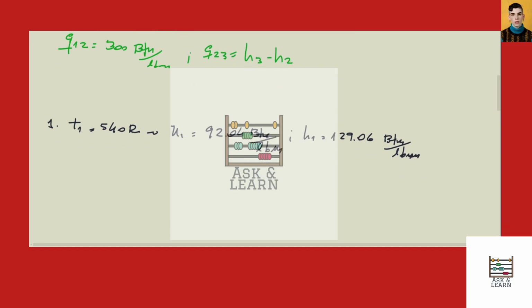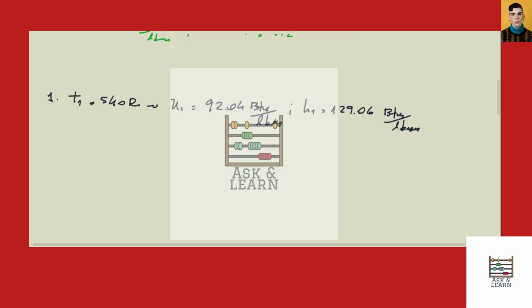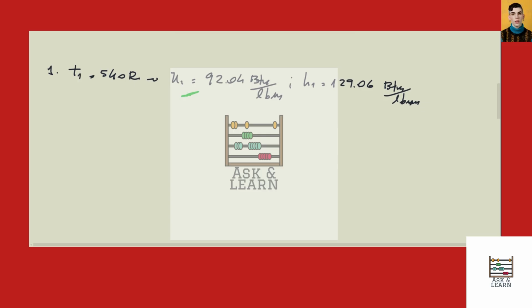Okay, what do we need actually? Well, if we have the internal energy of point 1, we can find the internal energy of point 2. So let's go to point 2. In point 2, we have a temperature T2 of 2116, sorry, R. And following this step here, what we know is that the internal energy of point 2 is going to be equal to the internal energy of point 1 plus the heat Q12.